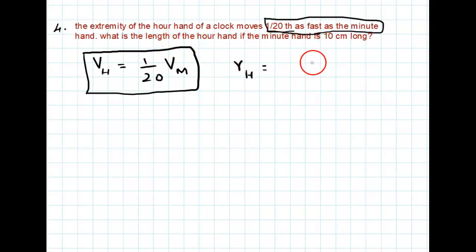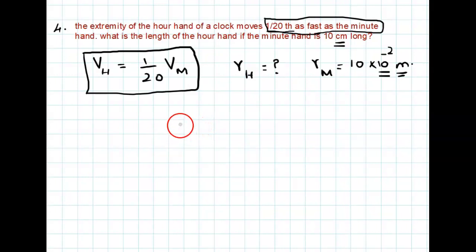The minute hand is 10 centimeter, so 10 to the power minus 2 meter. We have to convert centimeter to meter. So centi is 10 to the power minus 2. So this is our target that we have to find.